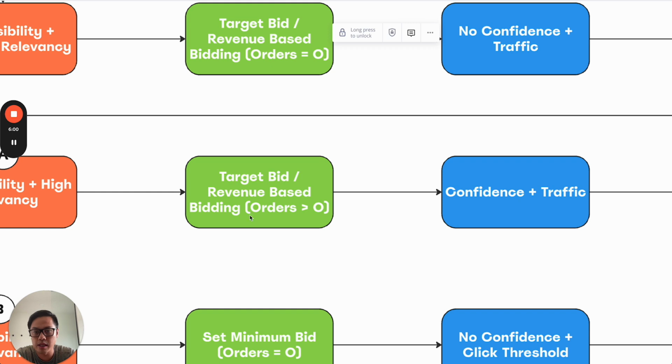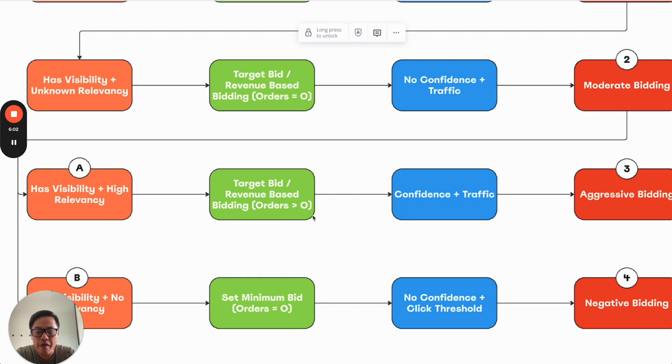A lot of people will call that target ACOS. That bid right there is going to be the highest amount that you're willing to pay in order to reach that ACOS that's desired. So if your real ACOS is above that target ACOS, it's going to start to bid it down in order to reach that ACOS. If it's lower than that target ACOS, it's going to start to bid up.